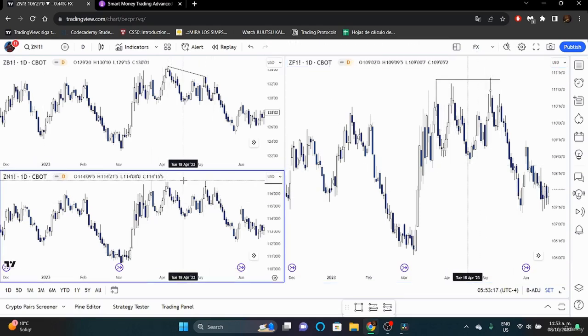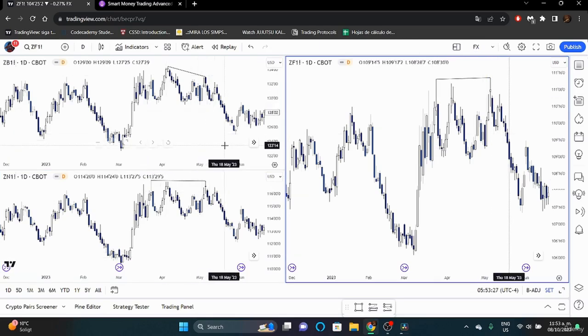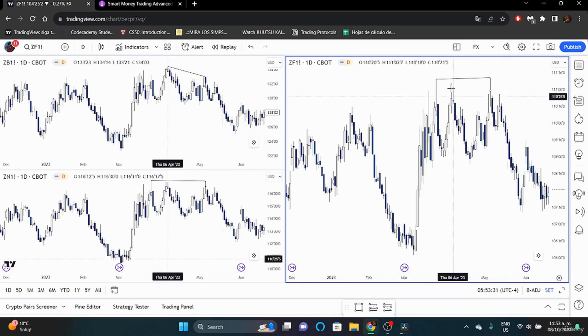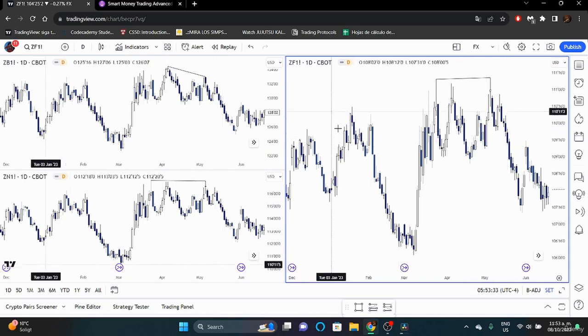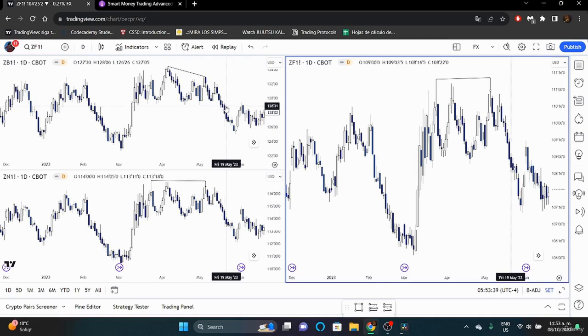Actually, no. This one also made a lower low. So lower low, higher high, and lower low. And lower high, my bad. And we're in an accumulation above previous highs. Okay, so we're thinking, there's an SMT divergence above liquidity.